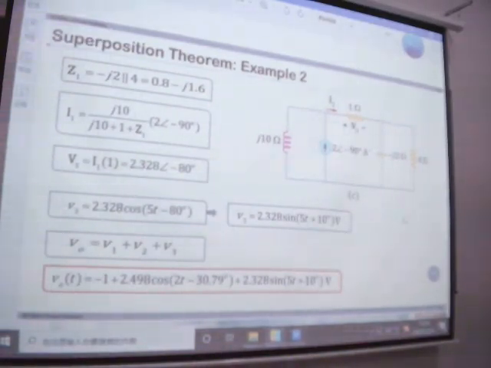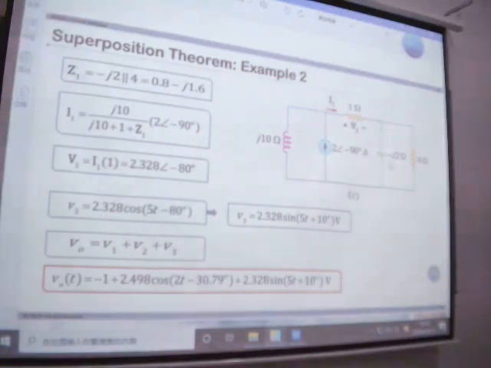Now look at here, for this part, those two are in parallel, so the product over the sum, and we get V1. It's equal to 10j, okay, here. I1, V1, 10j.